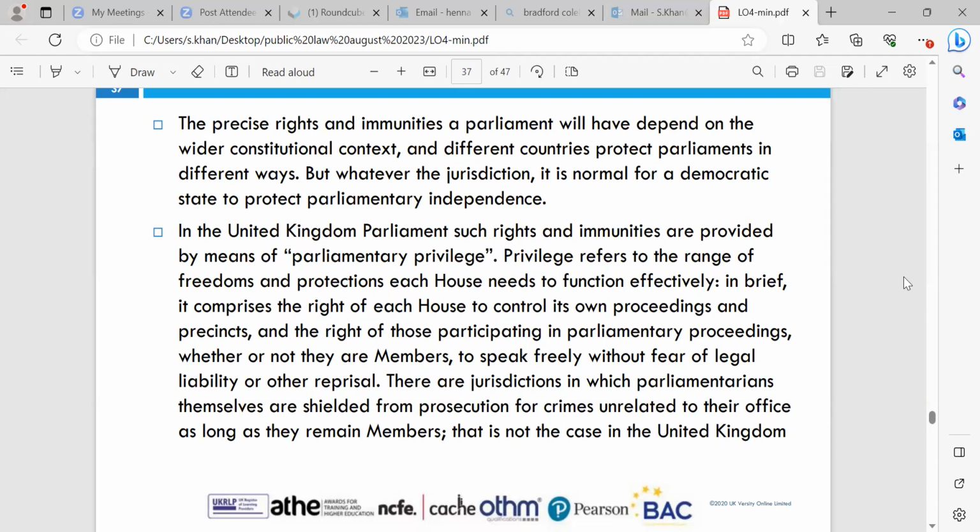So in brief, it comprises the right of each house to control its own proceedings and precincts, and the right of those participating in parliamentary proceedings, whether or not they are members, to speak freely without fear of legal liability or other reprisals. There are jurisdictions in which parliamentarians themselves are shielded from prosecution for crimes unrelated to their office, as long as they remain members. That is not the case in the UK.